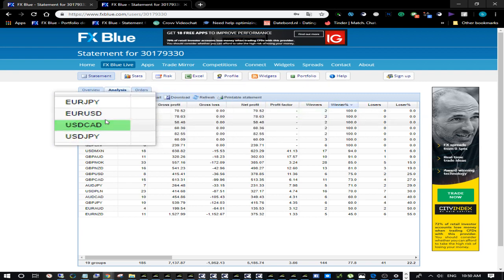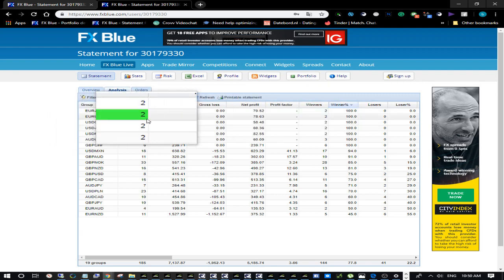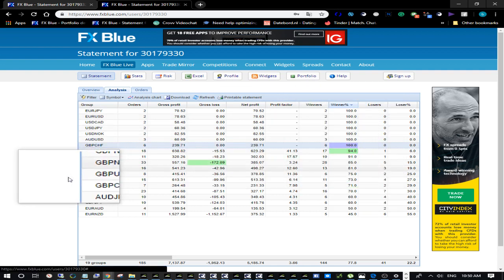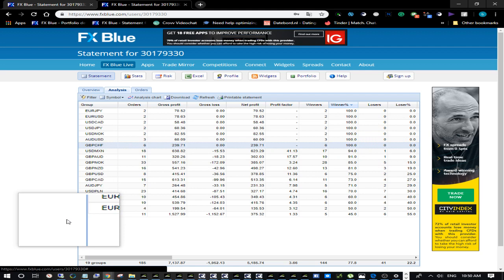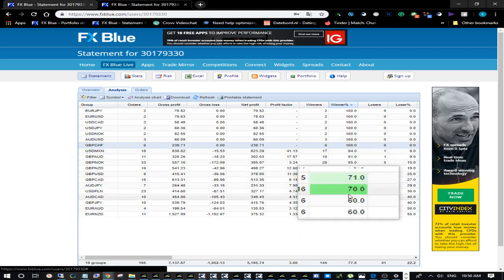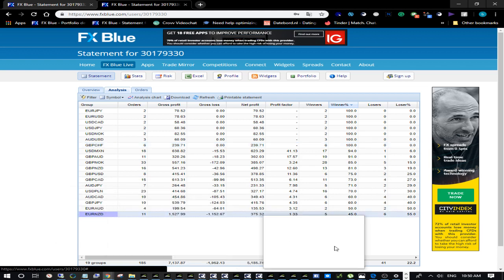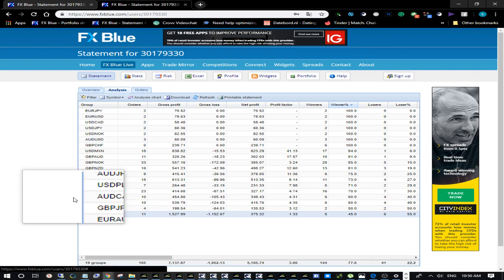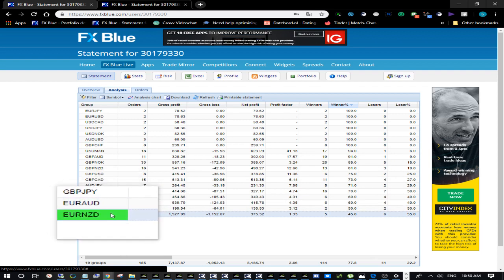The euro dollar also had 2 contracts, and again winning. As we go lower, definitely this pair needs some optimization, and that's an easy thing to do, because the only thing we really need to do is increase our lot size, and basically we can make the system much safer.